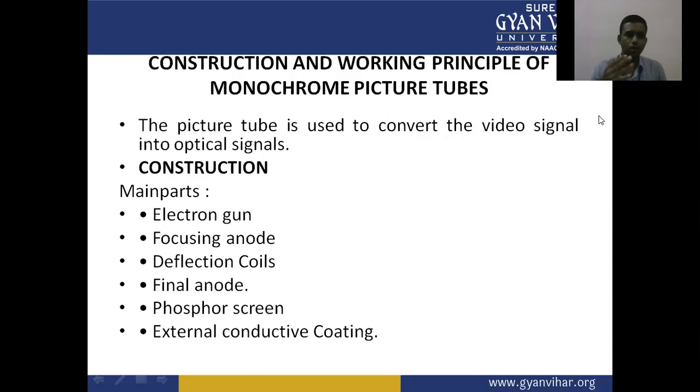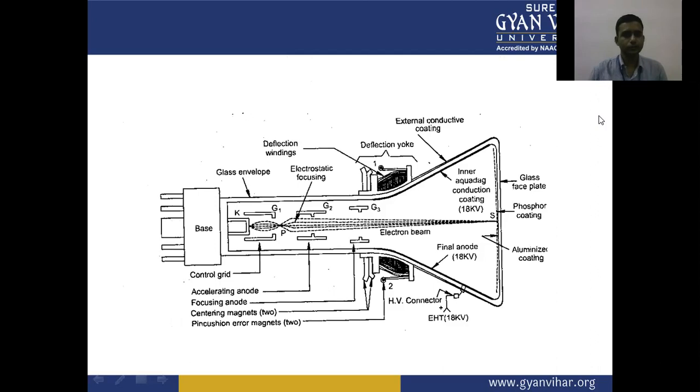Now construction. In the construction, we have the main parts of the monochrome picture tube, that is electron gun, focusing anodes, deflection coils, final anode, phosphor screen, external conductive coating. So this is the image of the picture tube, that is the monochrome type picture tube.